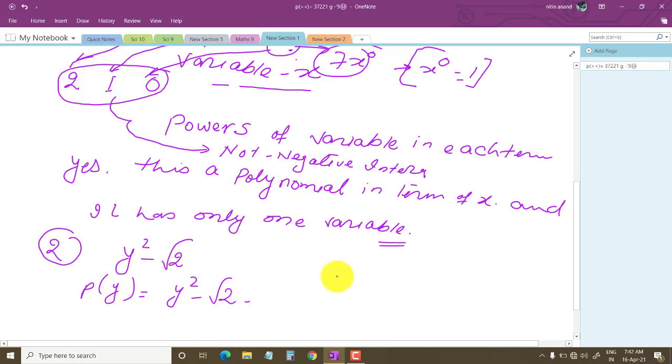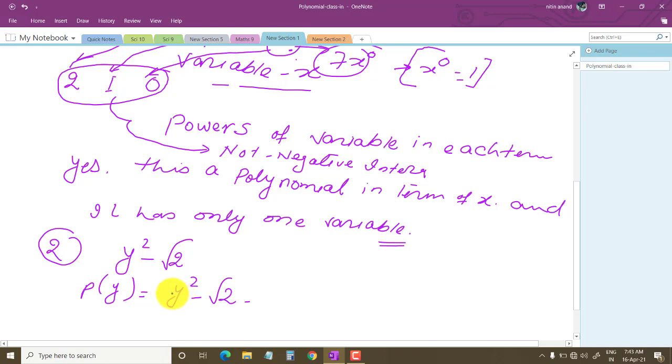First we will decide whether this expression has one variable or not. But before that, we will decide whether this expression is a polynomial or not. The condition for polynomials, once again, is that the powers of the variable should be whole numbers.